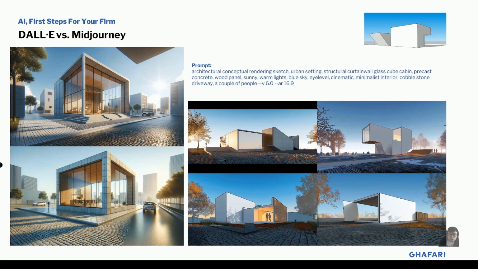However, Midjourney was able to generate a variety of massing studies in geometry, as shown in this slide. It clearly shows that Midjourney performs better in design exploration, and it can also read the image, the composition and geometry, better, and apply and integrate them in these studies.